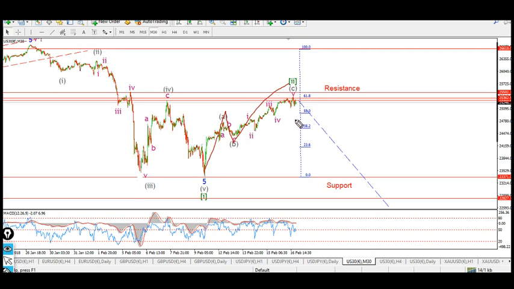Again, we're both pointing to the same thing. If we get a punch down early next week, we've finished off highs, so we've finished flat with an impulse move to the downside on a very short-term chart.